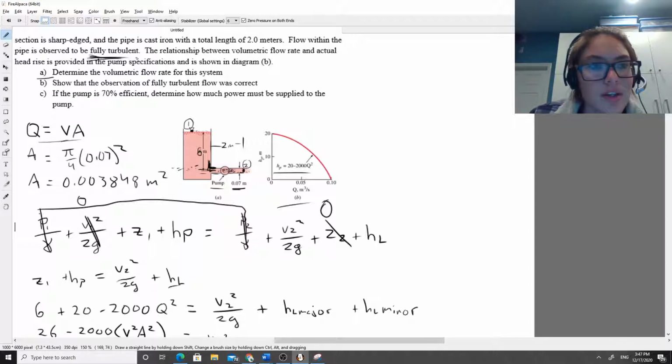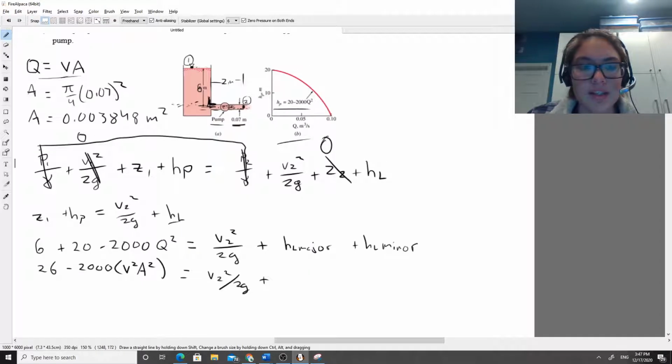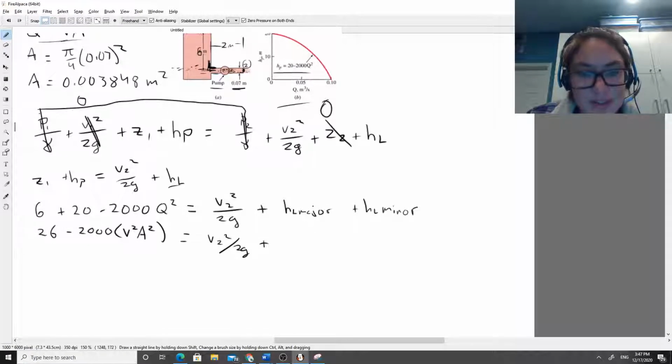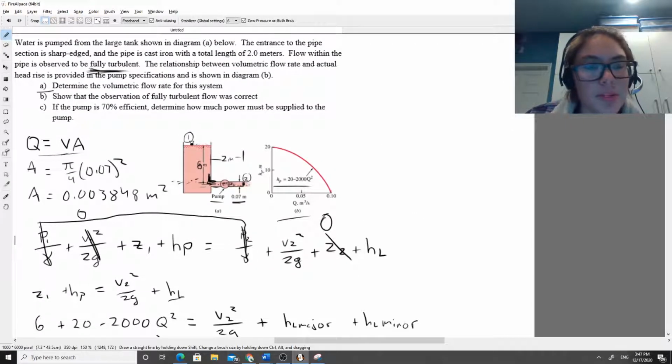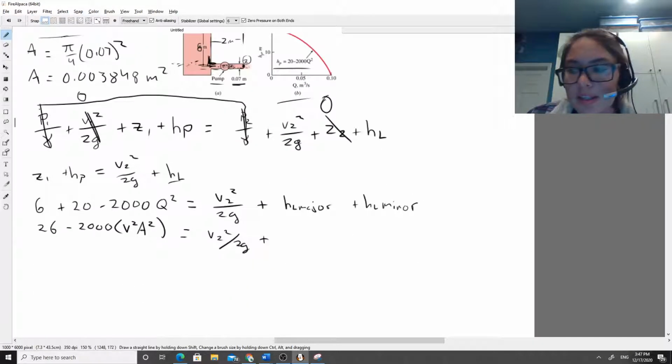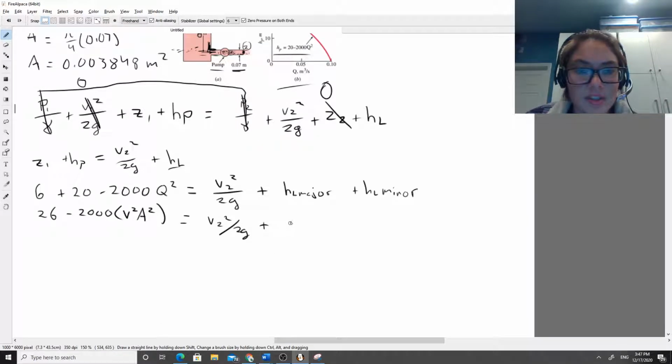Otherwise, you'd have to find out your Reynolds number and see if it's above or below 2,000. But since we already know it's fully turbulent, we can assume that our Reynolds number is above 2,000, and we can use the equation FL divided by D times V squared divided by 2g. And so that's going to be our equation for any major head losses we have.